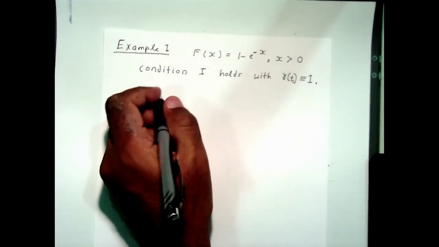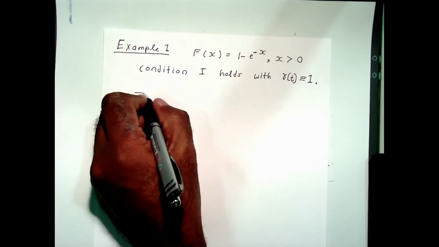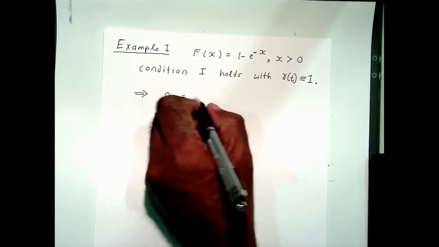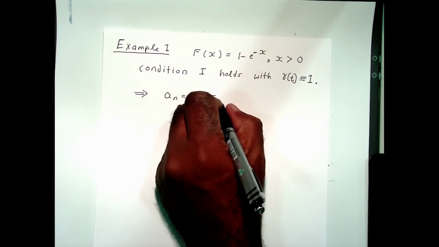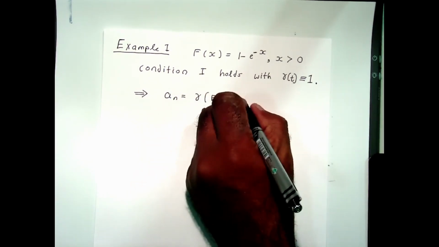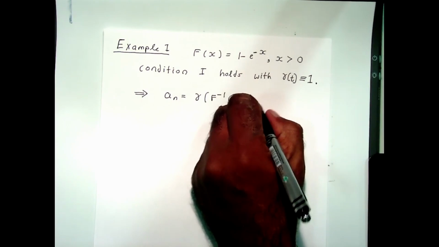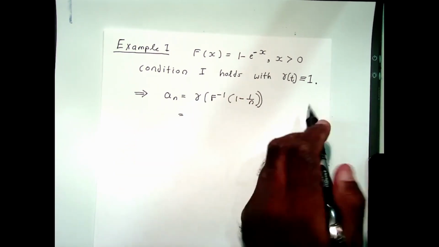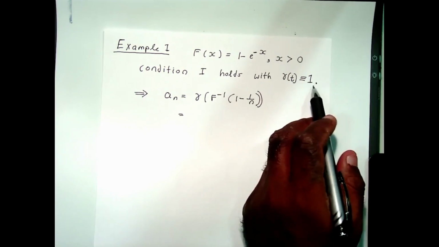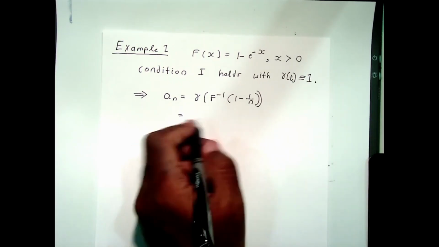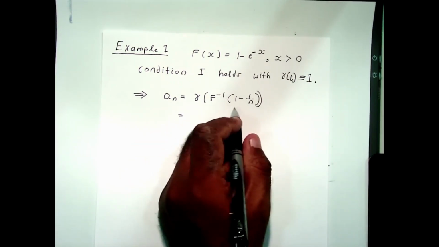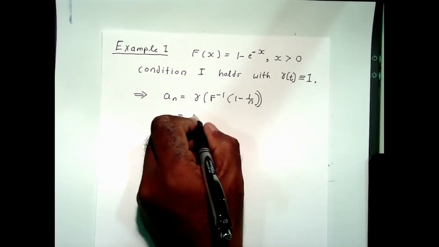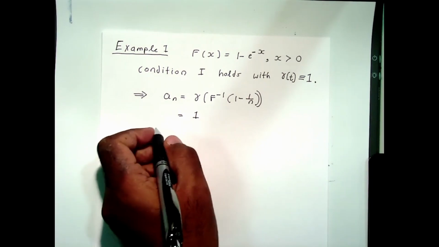So what this implies is that an, now since the gamma function is identically equal to 1, it doesn't matter what the argument is, it is always equal to 1. So hence this must be equal to 1.